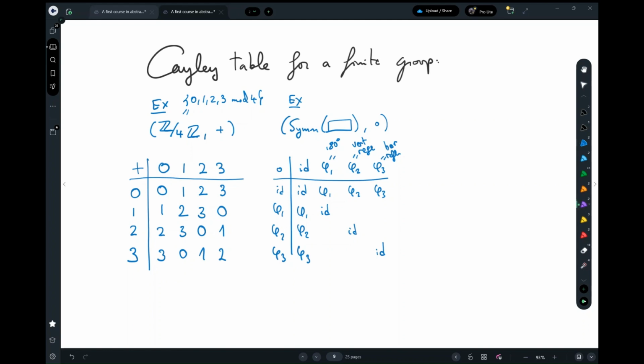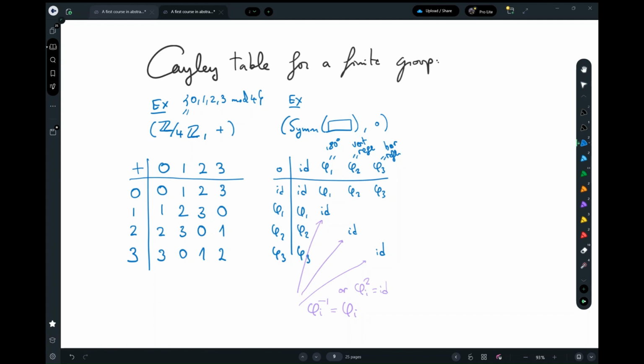The identities on the diagonal come from the fact that every one of those is its own inverse, or that when I compose an element with itself, I get the identity.